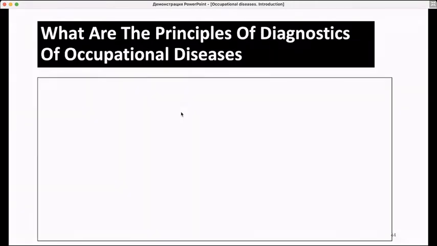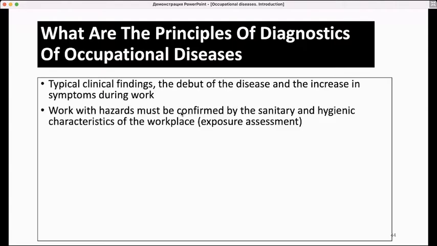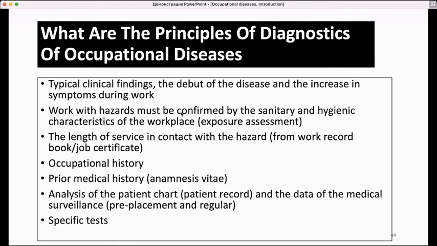So, moving on to the question, what are the principles of diagnostics of occupational diseases? Here we need to say that we need to be focused on, firstly, typical clinical findings, the debut of the disease and the increase in symptoms during work.